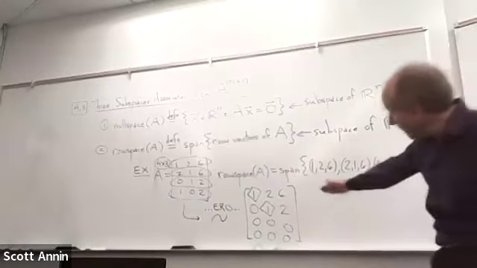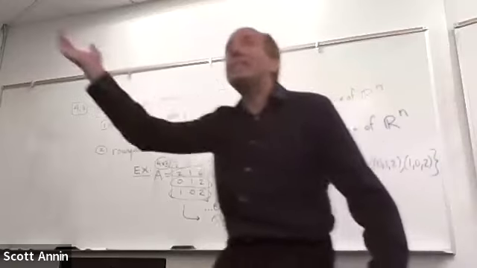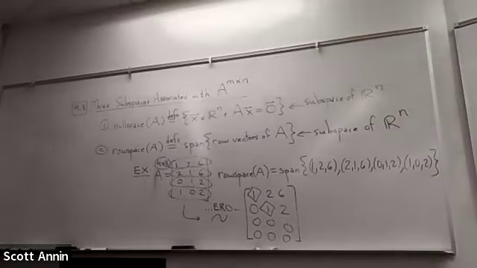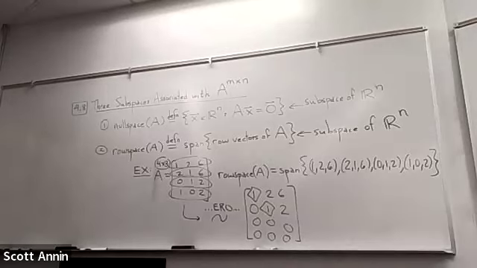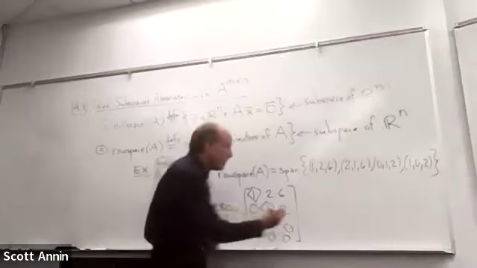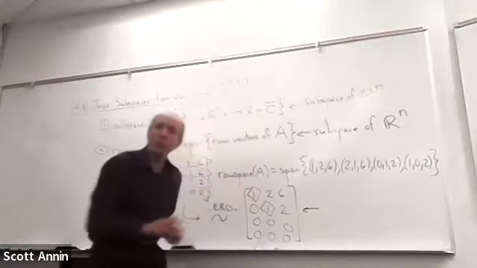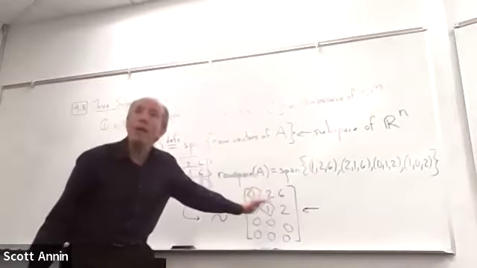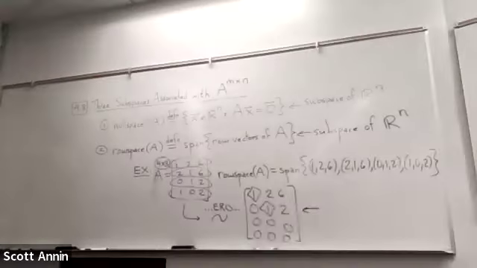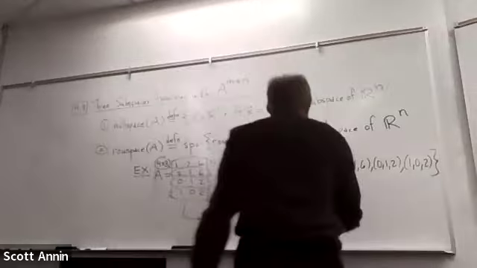But the big difference is that in the second matrix, I can clearly see that those rows of zeros should be removed from a basis. You never want to pay $1,000 for a 0 vector to be in your basis. So the basis for this row space is just the pivoted rows of the row echelon form. You take the pivoted rows only.